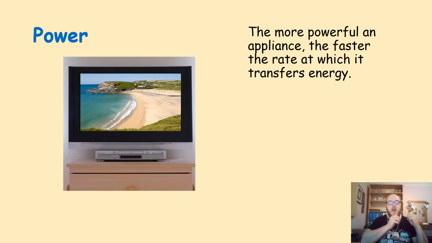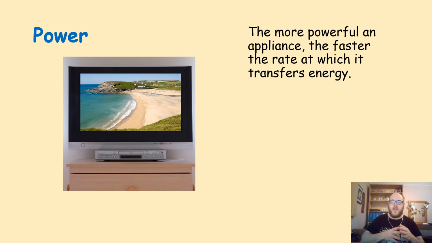The more powerful your appliance, the faster it transfers energy. So if you have a TV that is 200 watts and then a TV next to it which is 400 watts, the 400 watt TV is the more powerful one, and it's actually transferring energy much faster. Now, sometimes that's not actually what you want. If you have something that has too high of a power, then it's going to be draining power from somewhere, so you're going to end up with a really high electricity bill.